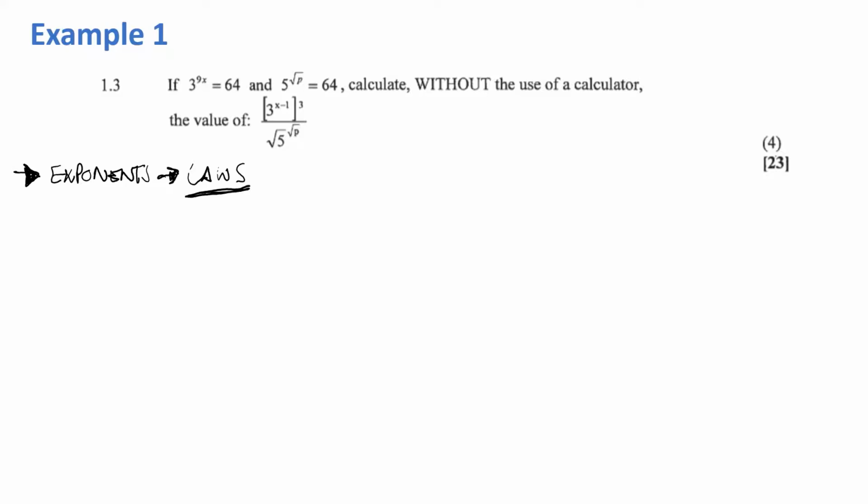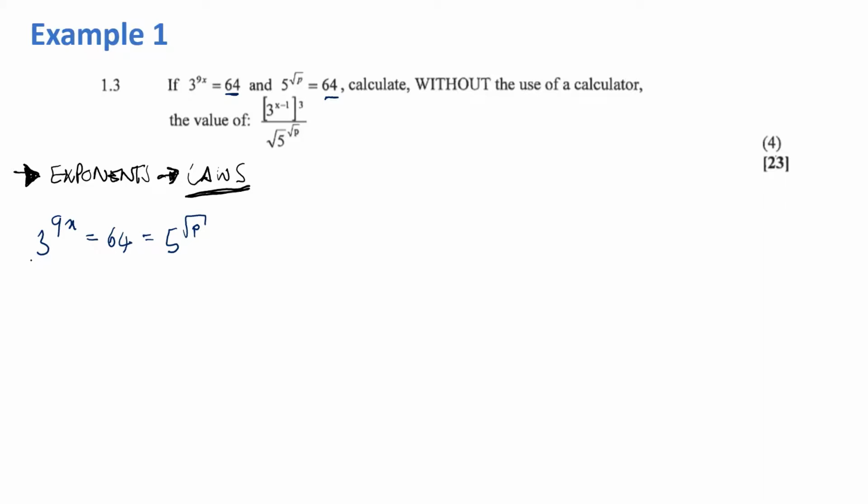You're given the fact that 3 to the power of 9x equals 64. But crucially, these two things are equal, so that also equals 5 times the power of square root p. Okay?